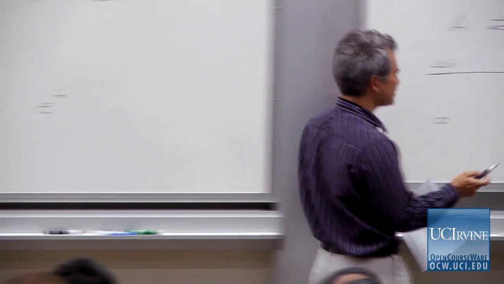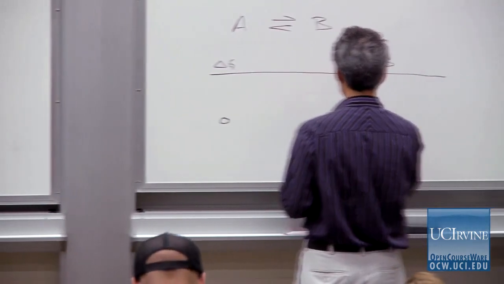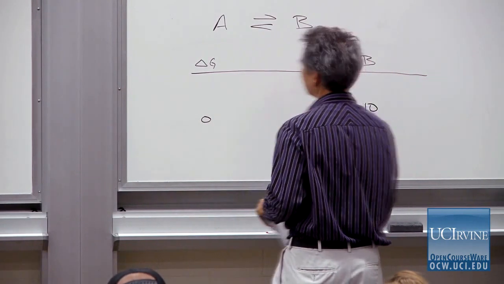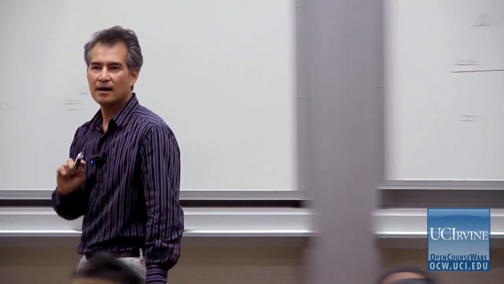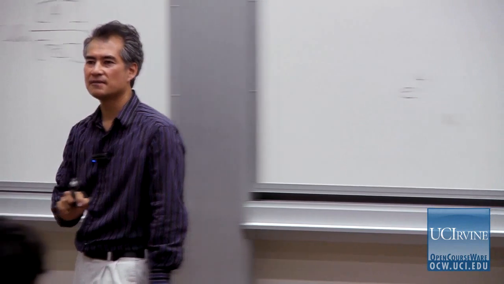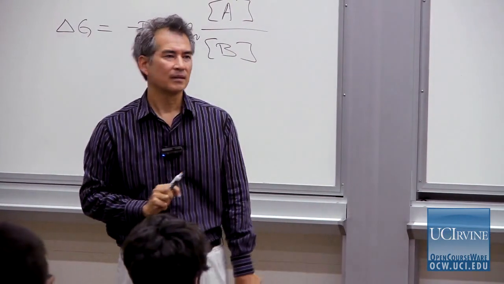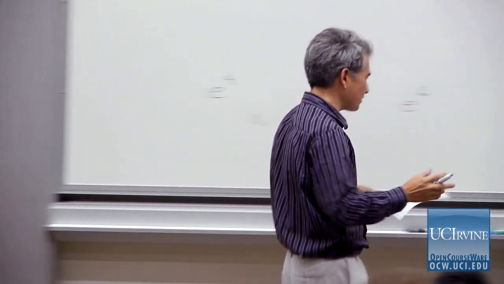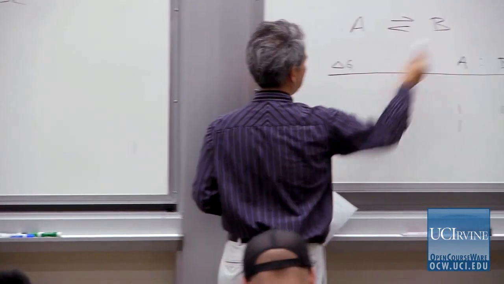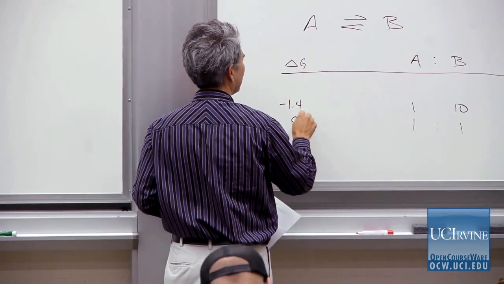Now what's important is, what happens as I increase this A to B ratio from 1 to 10? I want you to know what that free energy difference is. And it turns out that that free energy difference is 1.4 kcals per mole. It favors the products in this case, so I'm going to put a negative sign there.